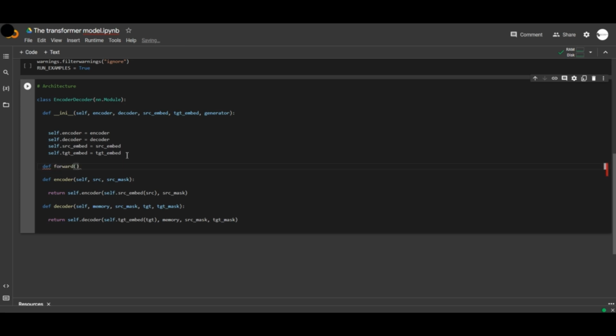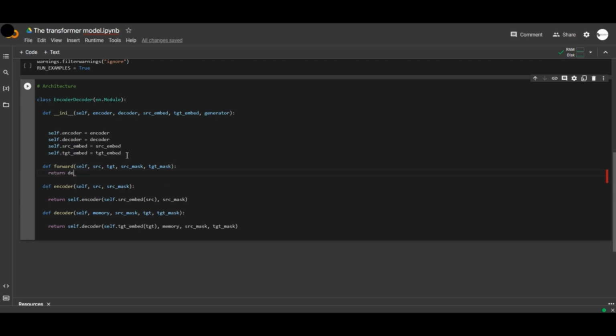So we're gonna take in the forward pass, which is self, source, and target, and also we take in the source mask and the target mask. Then what we do is we return self.decoder, which is self.encode, we take in the source, and the source mask.